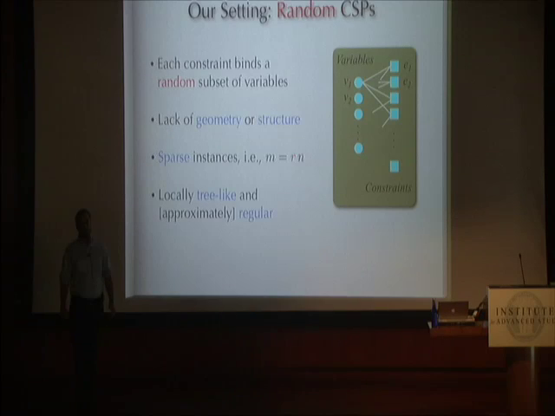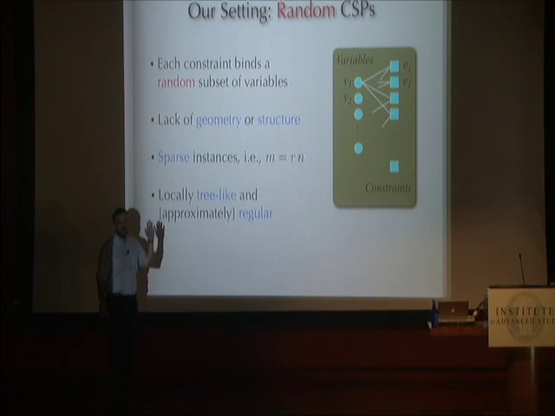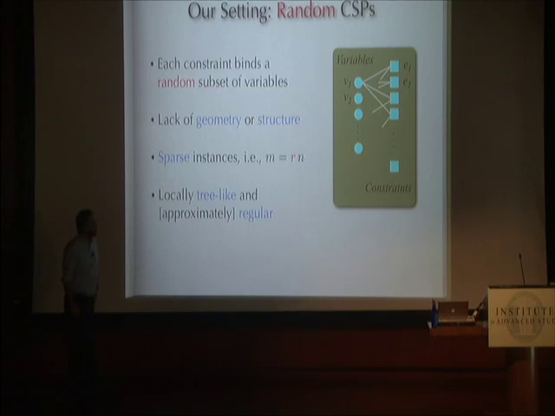This is known as the configuration model. And you can actually prescribe any degree sequence that you like if you think that this is important. In this talk, I'm just going to have the degree sequence be Poisson, so there's not going to be any restriction, and this gives us some slight technical advantage.